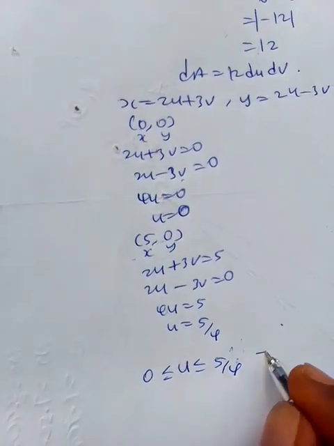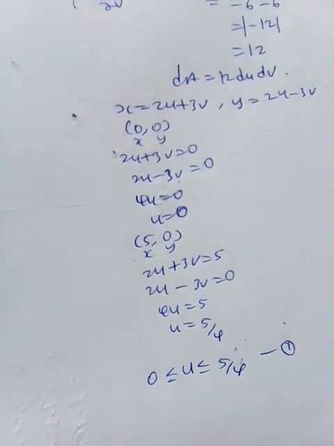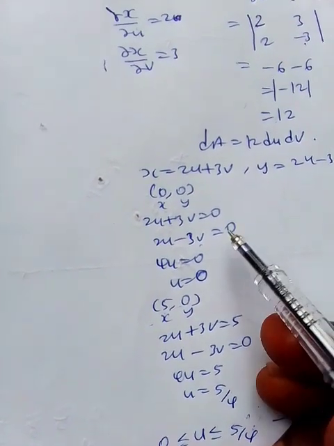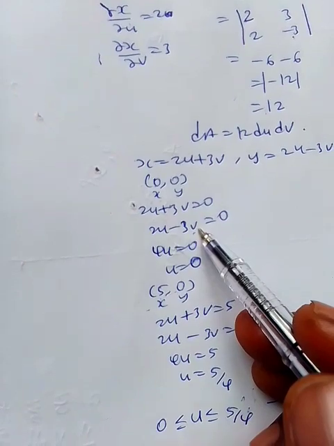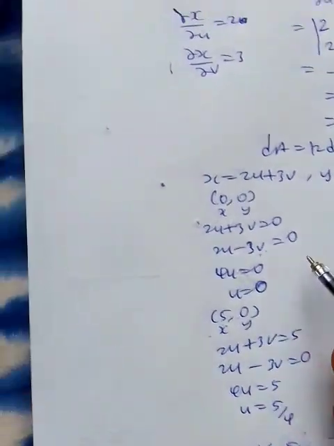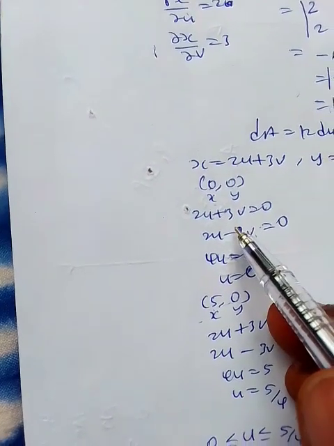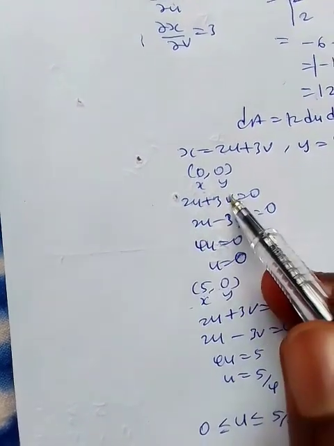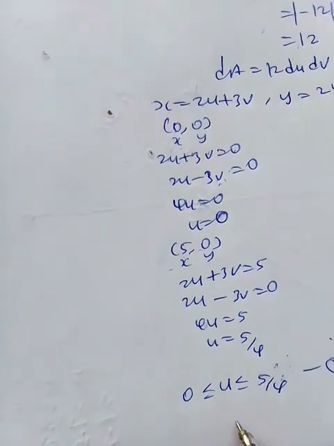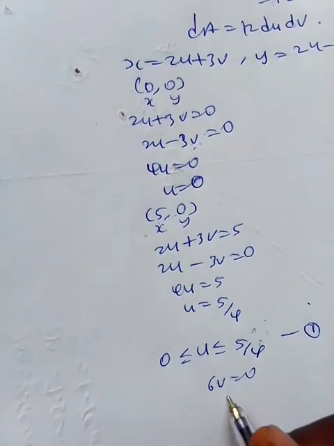Now to obtain the interval for v. From these two equations, when we subtract the second from the first, we're going to have 2u minus 2u, that's 0, 3v minus minus 3v, that's 6v. So we have 6v equals 0, so v equals 0.